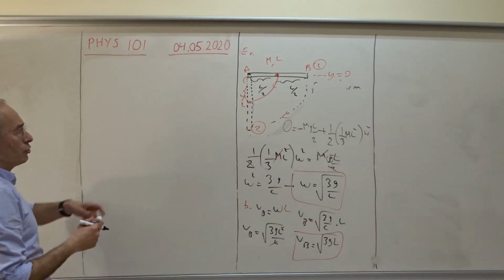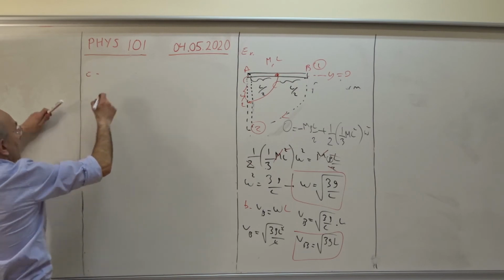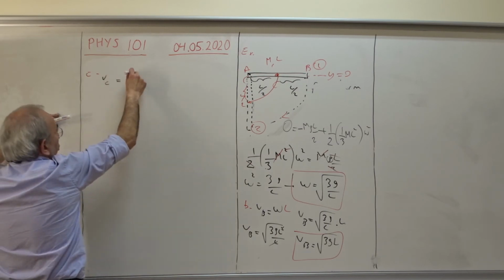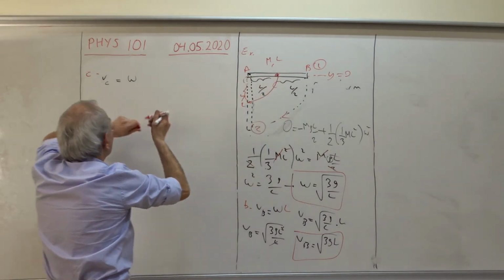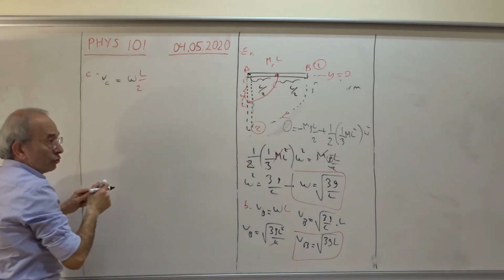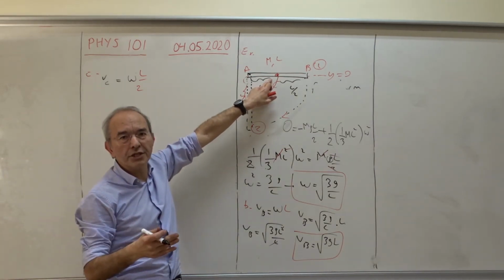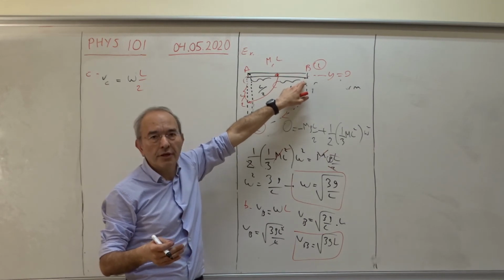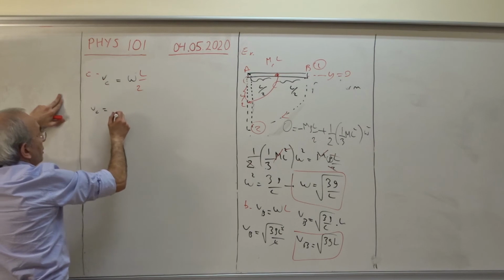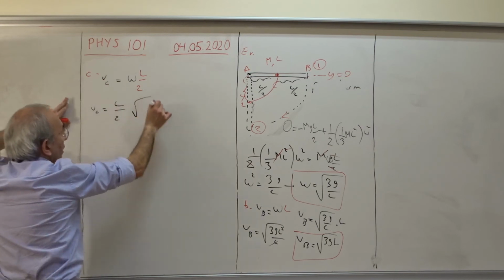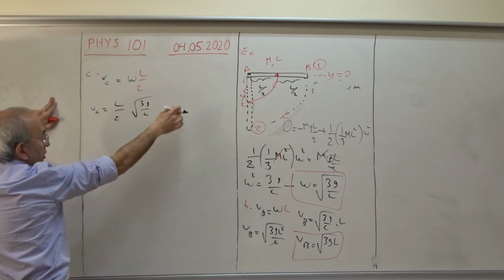Next part is the velocity of the midpoint C. So V sub C is just again omega times, what is the radius of midpoint? It is L over 2. So here we have to write L over 2 for the midpoint. Of course, it has half of the linear speed as the endpoint B. So we have VC will be L over 2 times omega, root 3g over L. Again, we have L squared inside.